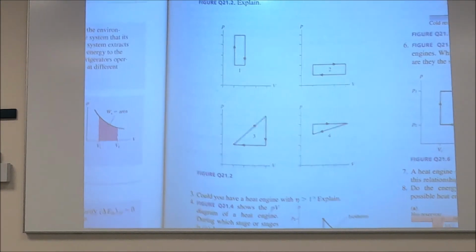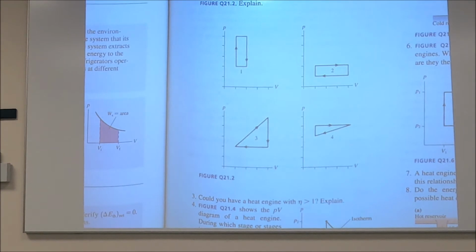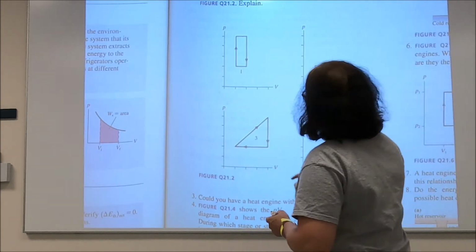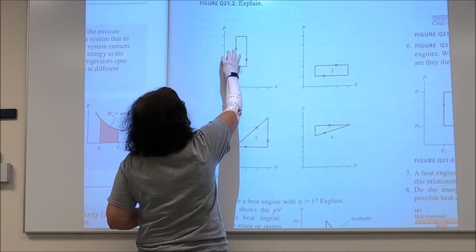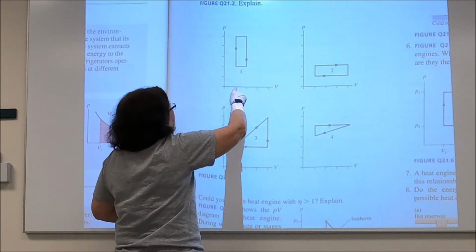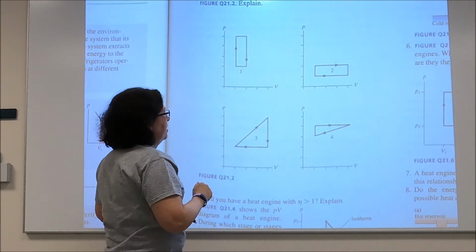Let's look at conceptual problem 2 here. It says rank in order from largest to smallest the amount of work WS1 to WS4 done by the gas in each of these cycles. Well, we're thinking about the energy in the area inside. This is 1 by 1, 2, 3, so we can call that area 3.